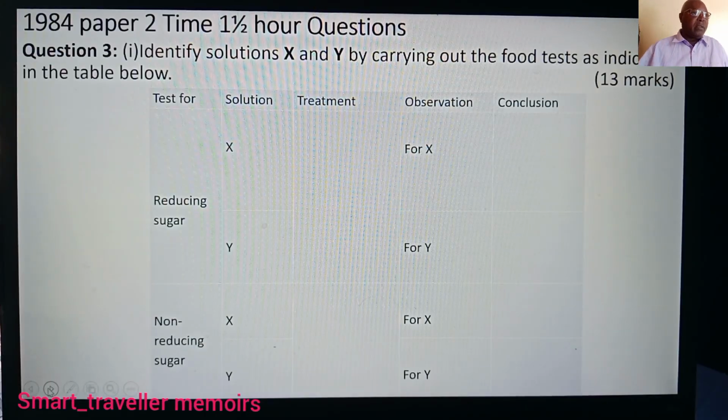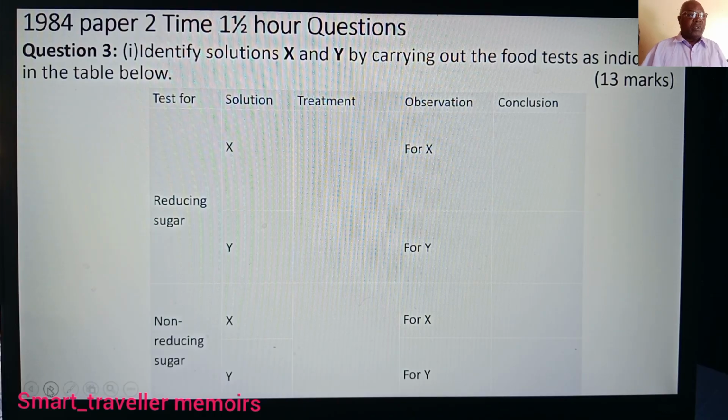And finally, let's come to the questions of question 3. Identify solution X and Y by carrying out the food tests as indicated in the table below. So you have the table, the test for reducing sugar and the test for non-reducing sugar.